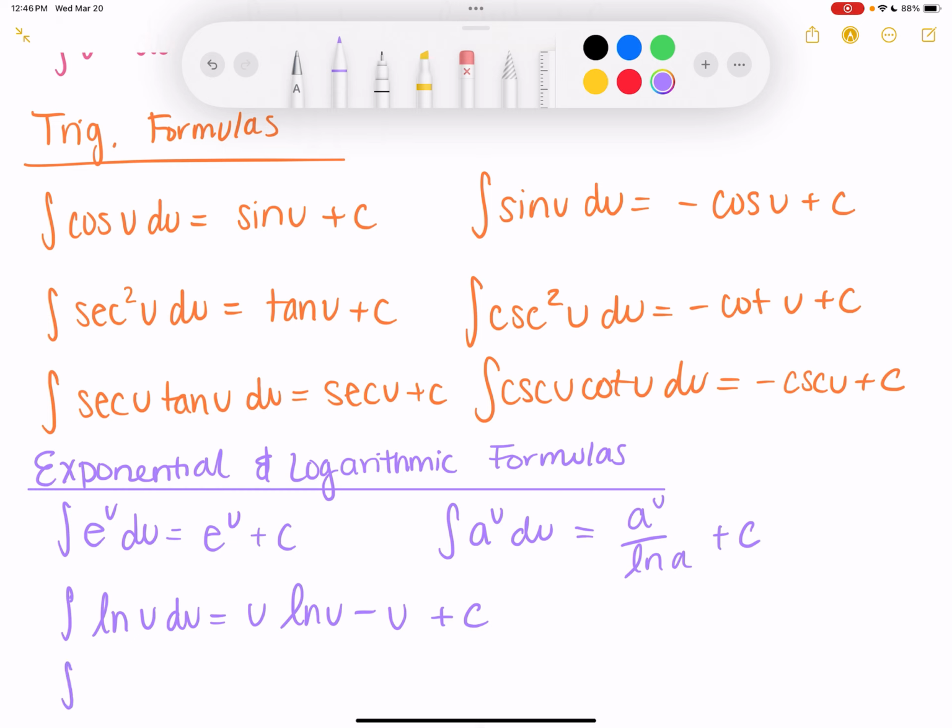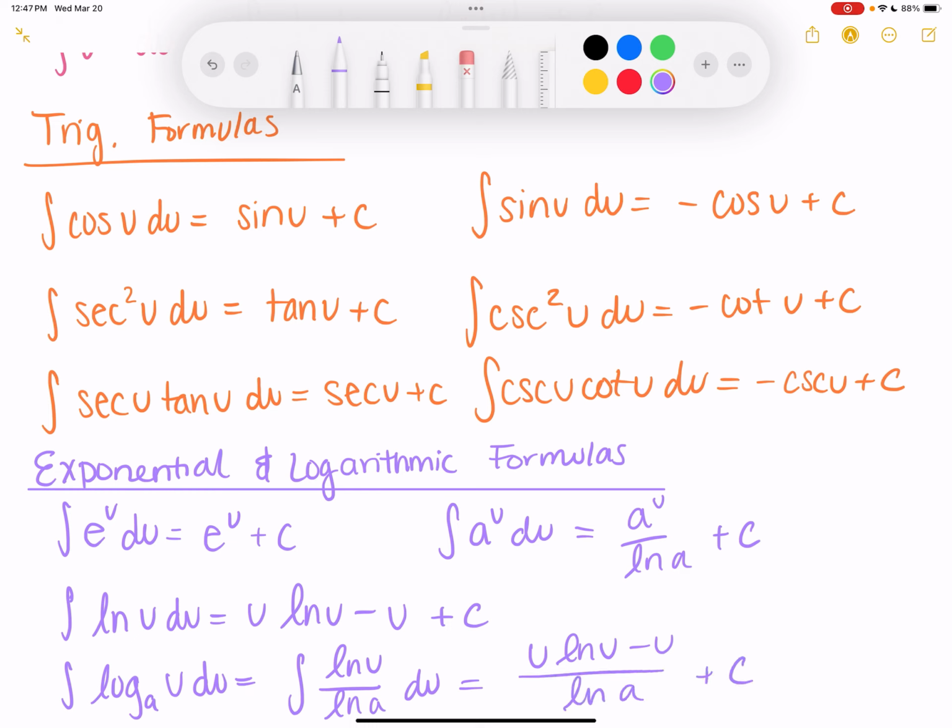The integral of log base a of u du is equal to the integral of the ln of u over the ln of a du, which is equal to u ln of u minus u over the ln of a plus c.